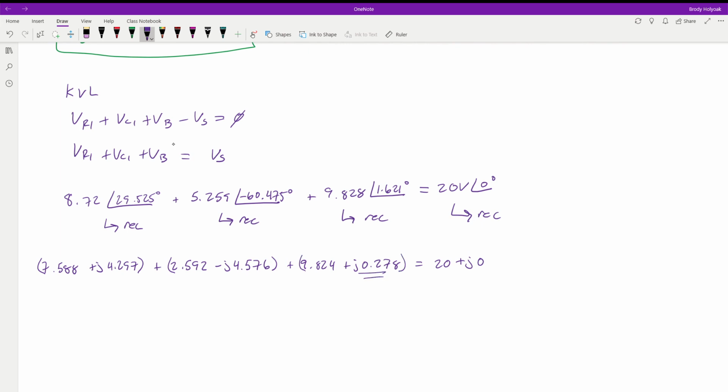Now again, we're going to combine like terms together. So all these added up is equal to 20.004 minus j of 0.001. And for all intents and purposes, that equals our 20.0 plus j of 0. So since those are equal, we're good to continue.